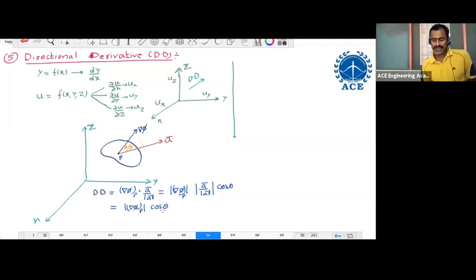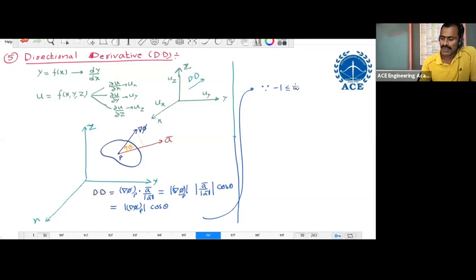With this cos theta, we can write the maximum value and minimum value of this directional derivative only. Since minus 1 is less than or equal to cos theta, which is less than or equal to plus 1. We know that cos theta lies between minus 1 and plus 1. 1 is the maximum value for cos, minus 1 is the minimum value for cos only.